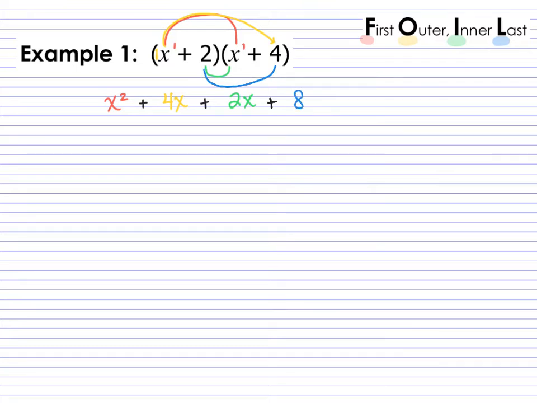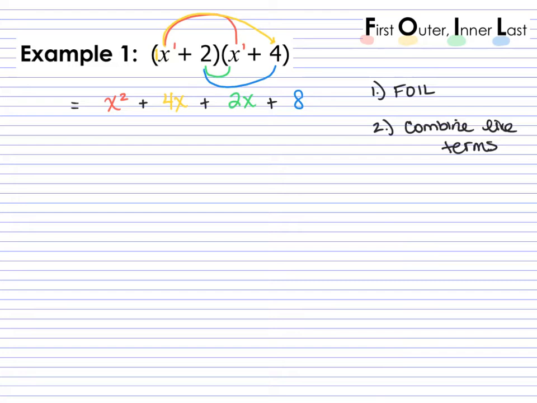So now you've taken care of all of the multiplying pieces. Now what we have to remember is to combine like terms. So first step is to FOIL. Second step is to combine like terms. Now remember, in the beginning of the year, we talked about combining like terms.